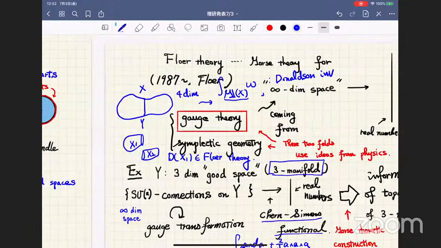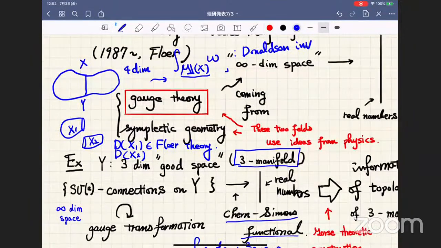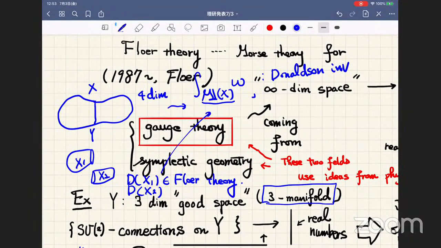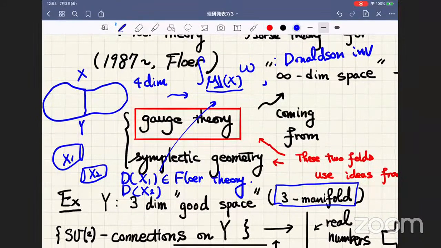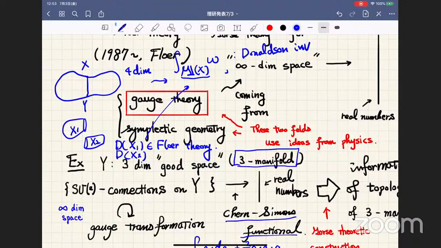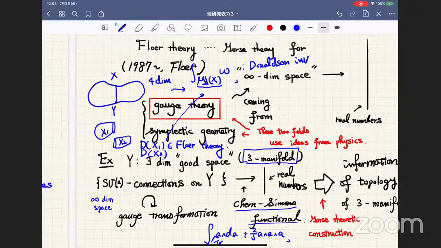By using these two invariants of manifolds with boundary, we can obtain the information of the Donaldson invariant of X, the closed manifold. So this is a TQFT generalization of the Donaldson invariant. That's the relation between the instanton and Floer theory.